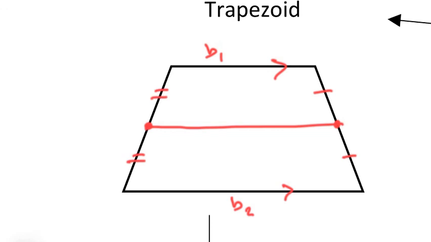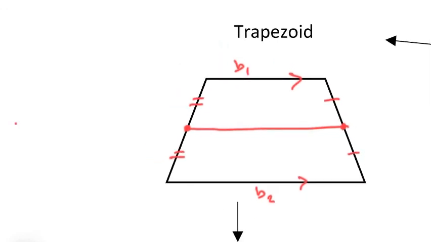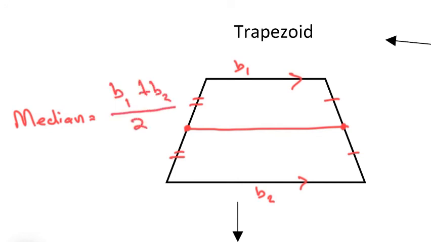Okay, and so we have what we call the median, and the way you calculate the median is you add your 2 bases, so base 1 plus base 2, and you take half of it, or in other words, you're finding the average. And that's pretty much it for a trapezoid.